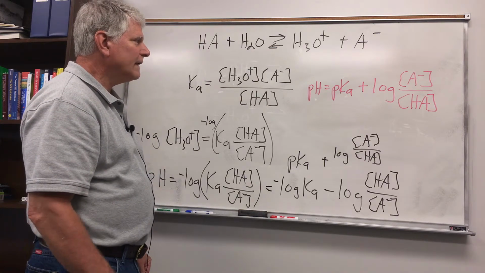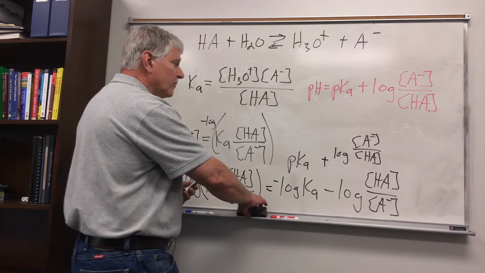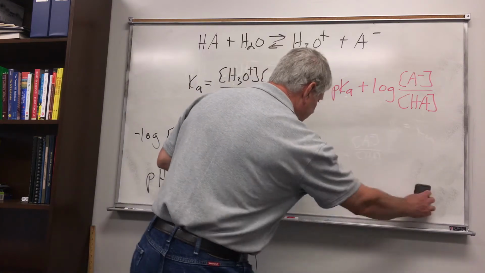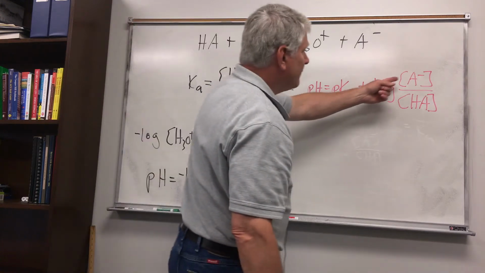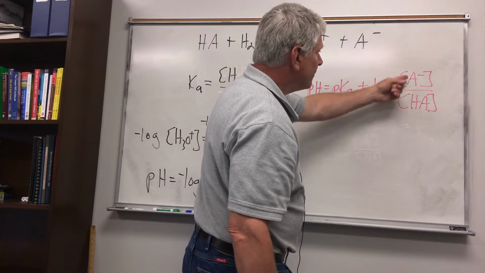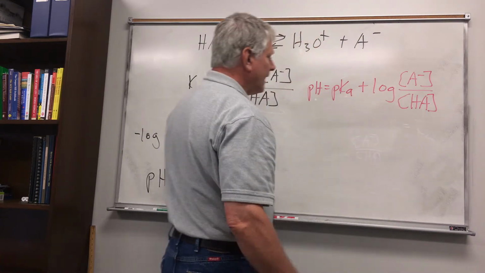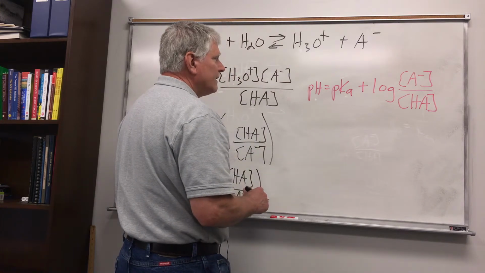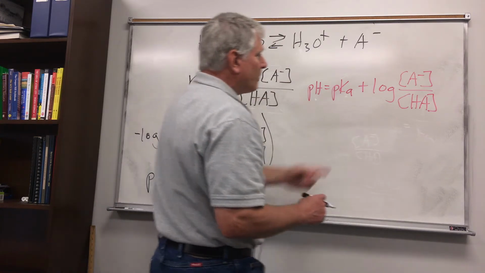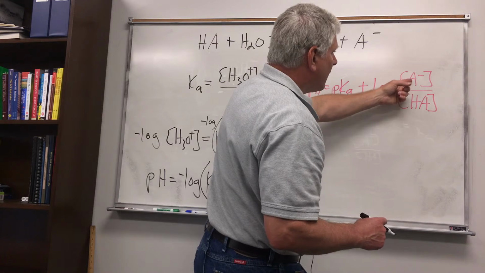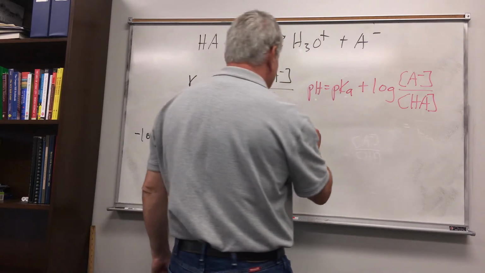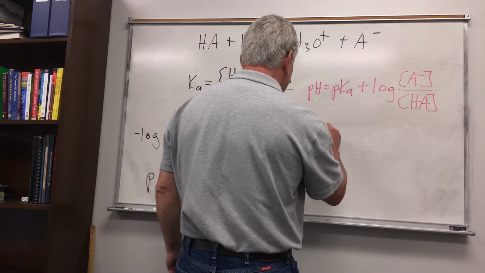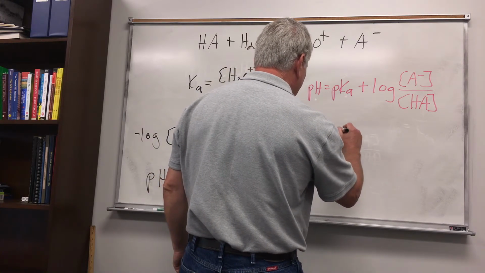However, one thing that we can do here is, if we have a buffer solution and we have about equal mixtures of A minus and HA, then we can approximate the equilibrium concentrations with the initial concentrations, because we have two reactions occurring in water.